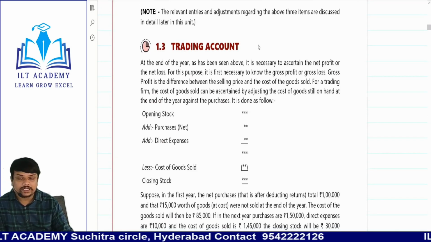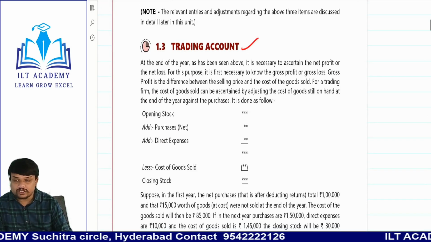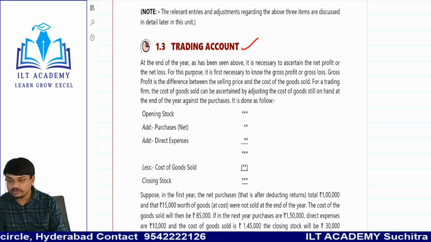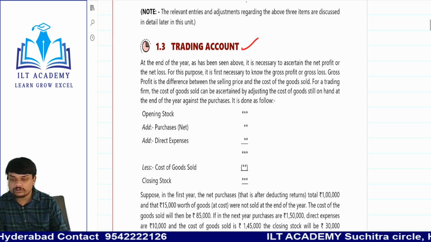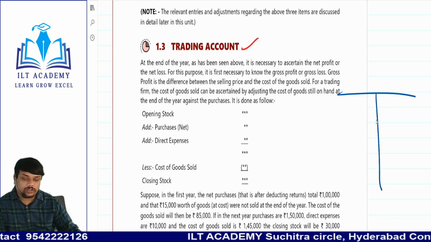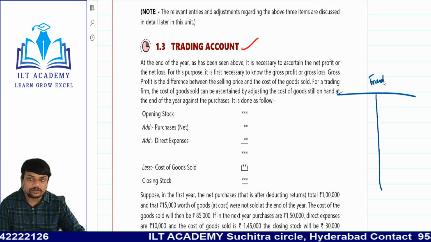Now let us understand the trading account. The basics of the trading account, how it looks like. Suppose this is a trading account.